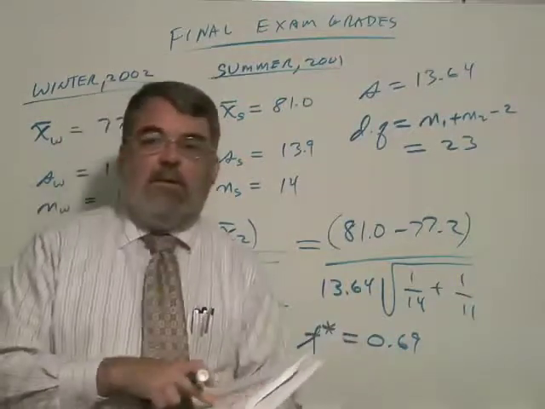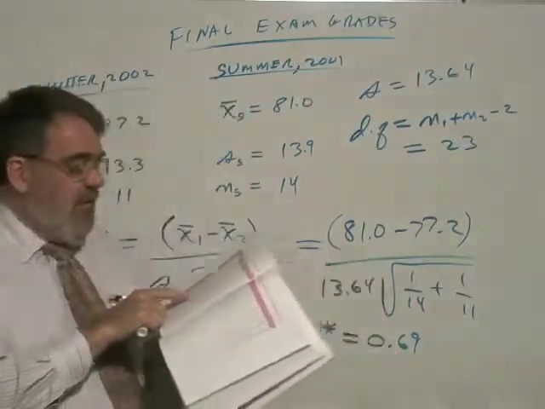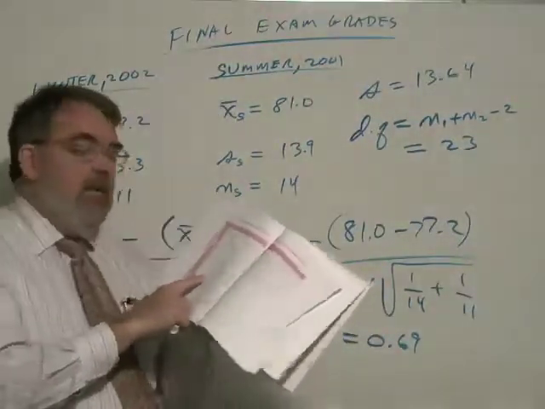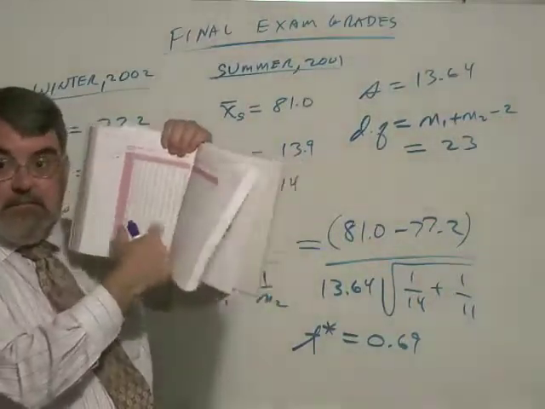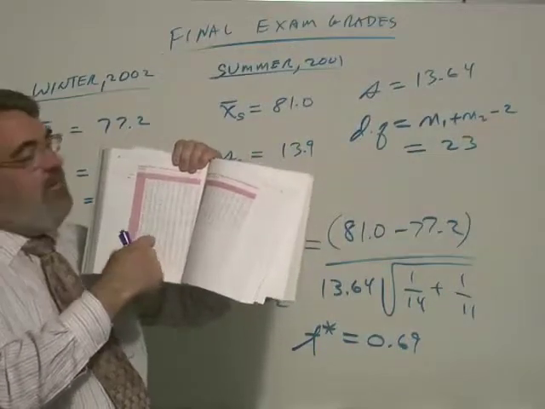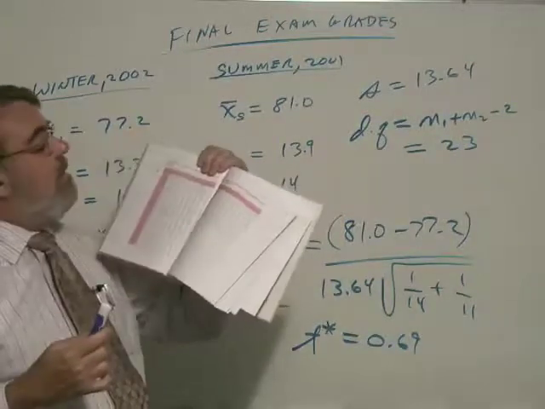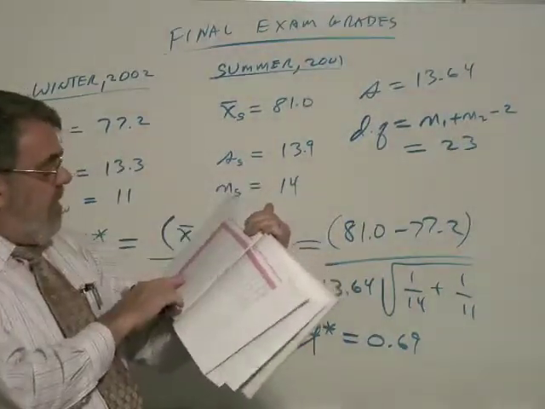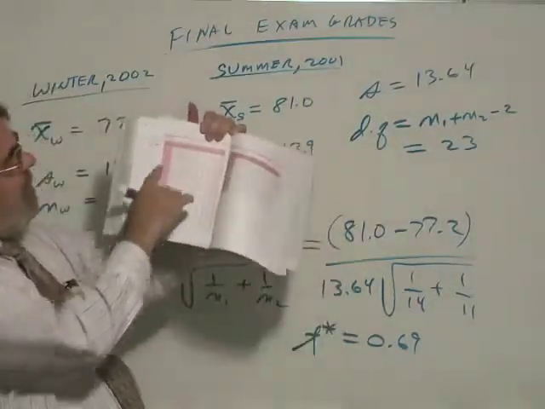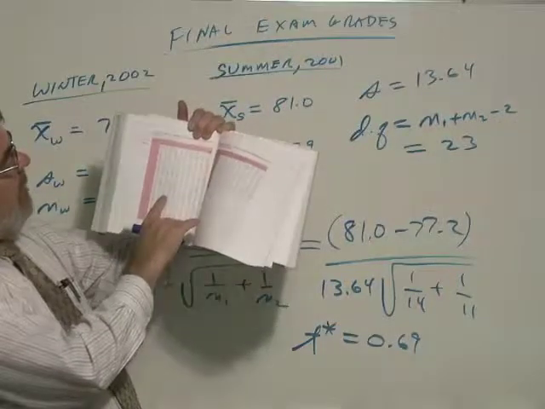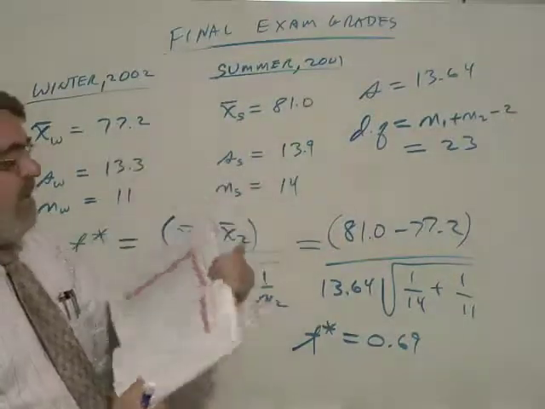By a really odd coincidence, and I didn't make these numbers up, by the way, your book has 0.69. Normally, you'll find your calculated t-score in this line here. It'll fall between two numbers. It'll be on the far right or the far left, and then you have to figure out what the probability is. But this one is right on. 0.69 is right on a probability of 0.25. So again, I went down to line 23, found 0.69, and went up to 0.25, which is the p-value.